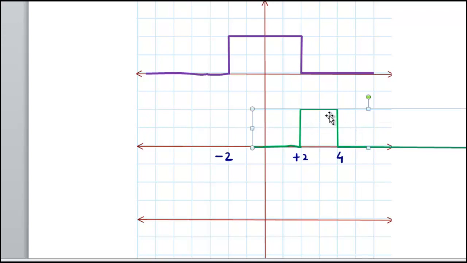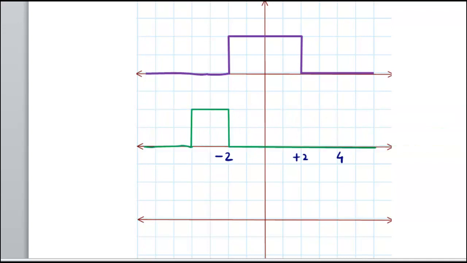That means if I am going to draw my y of t signal, the y of t signal will be slowly rising from -2. So up till -2 it will be 0. From -2 it will keep on slowly rising until this signal reaches here.